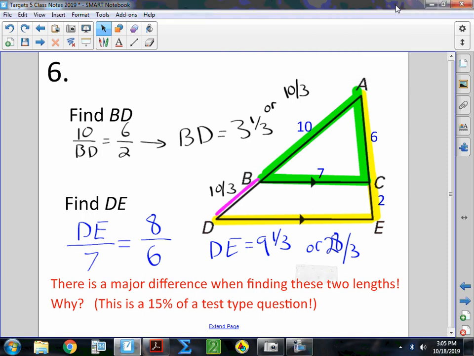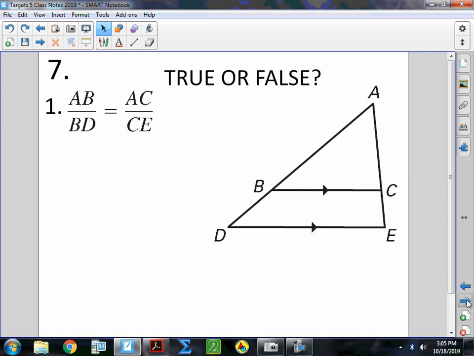So I know this video is going on 6 minutes. It's probably going to be a little bit longer because I'd like to put the next example with it as well. So number 7 on your paper, you had 4 true-false questions. And it's setting up these proportions to see, are you talking about parts of a segment, or are you talking about sides of a triangle? So AB.